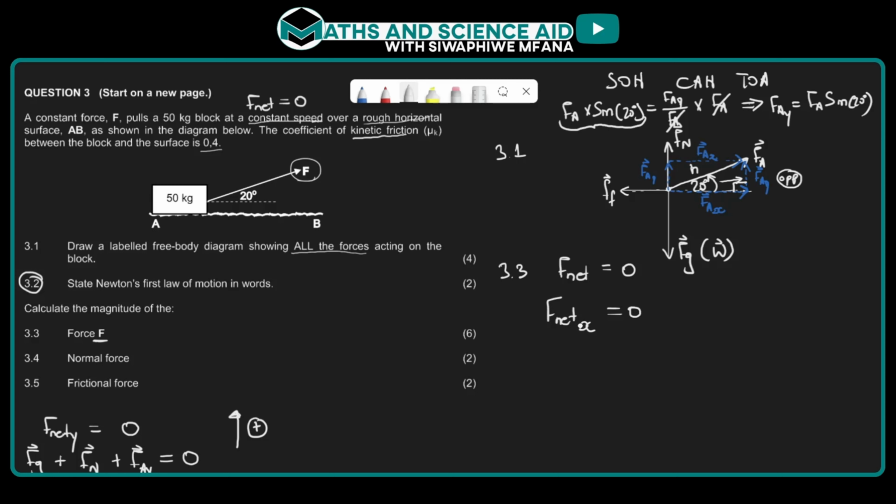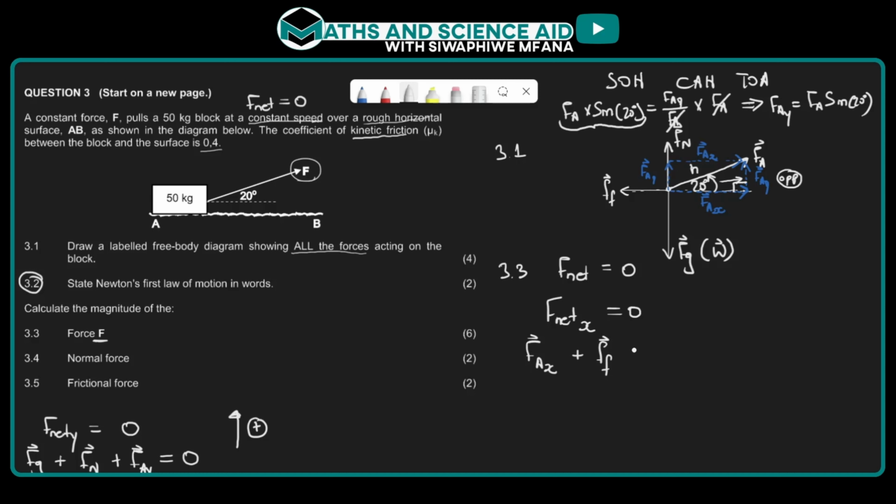And now in the x direction, the forces that are contributing to this net force are the x component of the applied force. So we have Fa of x, which is in the x direction, and we also have the frictional force, which is also along the x direction.